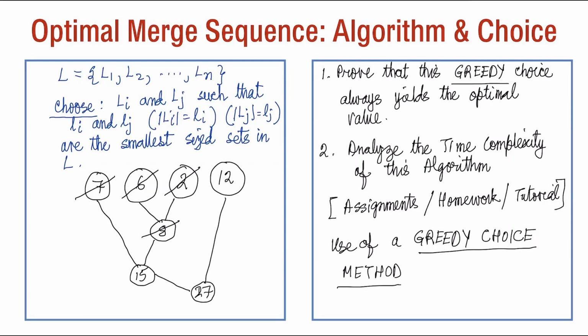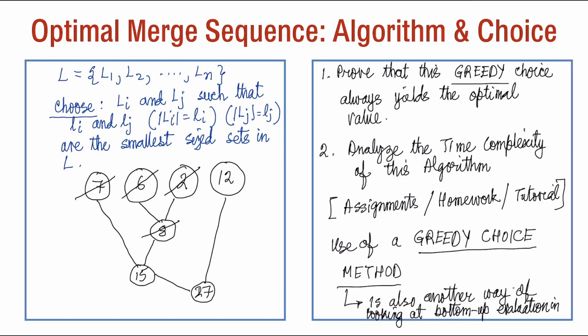So this principle of greedy choice of an optimal merge sequence is also another way of looking at bottom-up evaluation in merge sort.